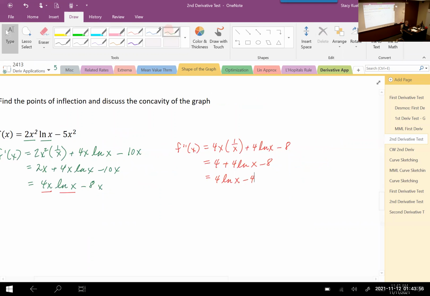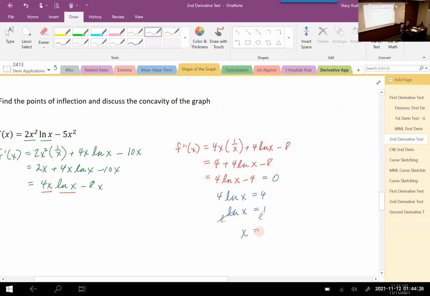Because we're talking about concavity, we're going to set this derivative equal to 0. 4 natural log x is equal to 4. Natural log x is equal to 1. Remember, we can exponentiate both sides, because that causes those to cancel.